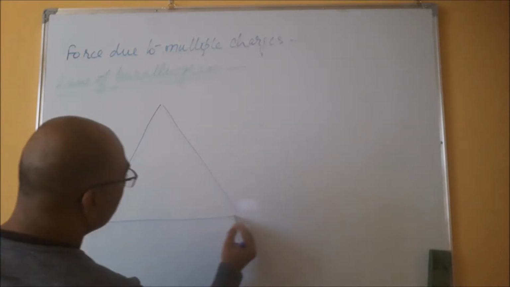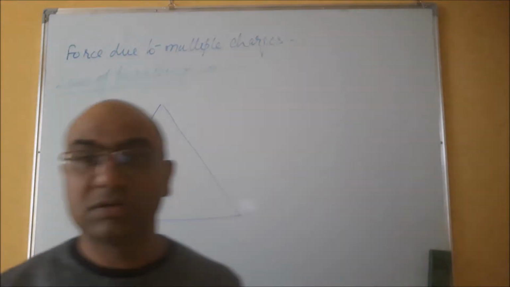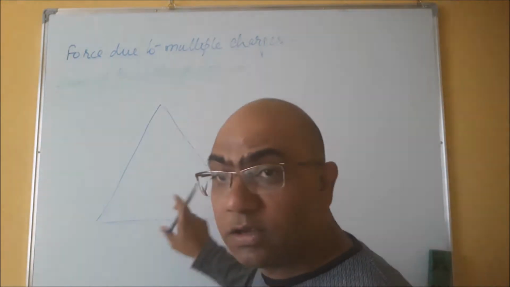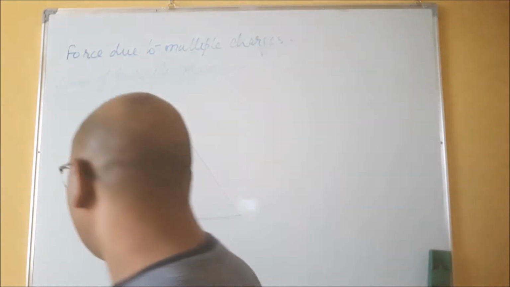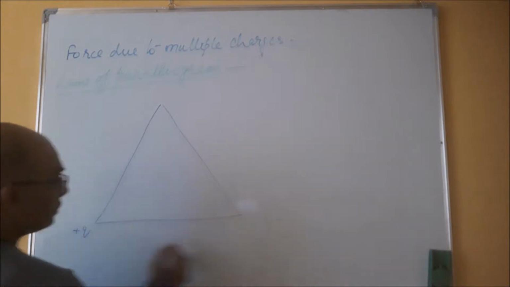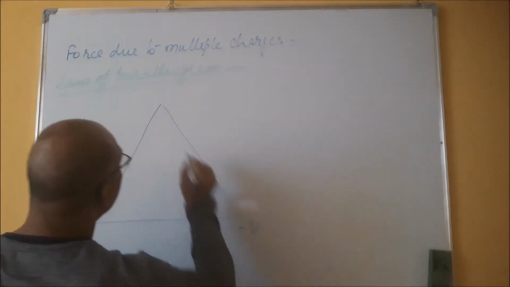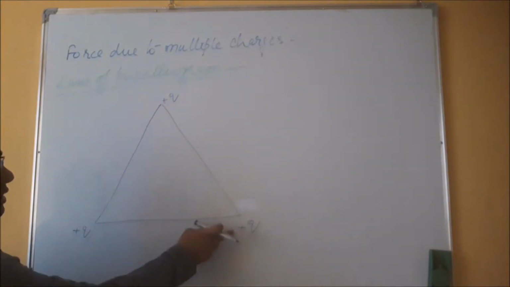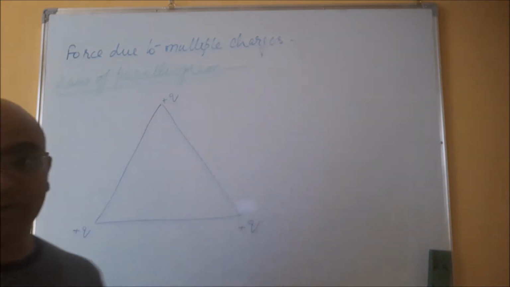This is an equilateral triangle, which means all the angles are 60 degrees. I am putting three charge particles, plus Q, plus Q and plus Q, at the vertices of this equilateral triangle.